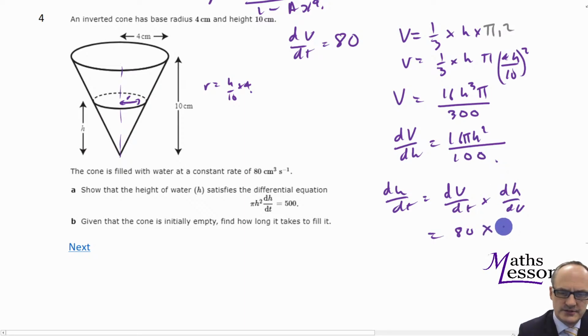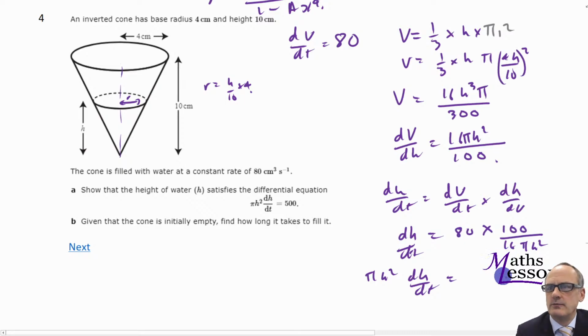So I'm going to turn this upside down: 100 over 16 pi h squared. So times this by the pi h squared, and when we cancel this all down, we get 500.